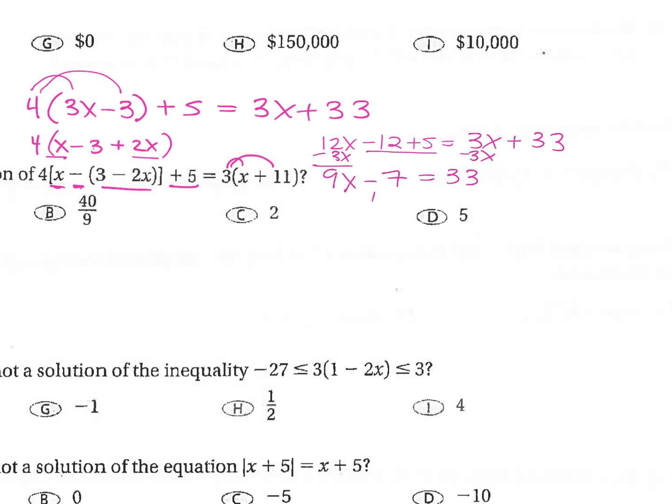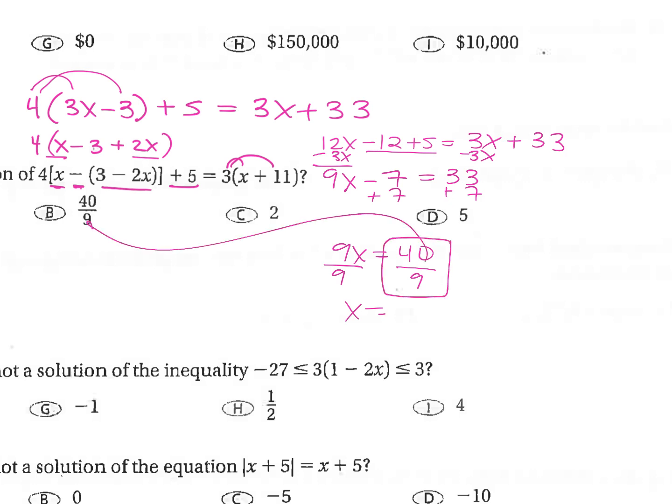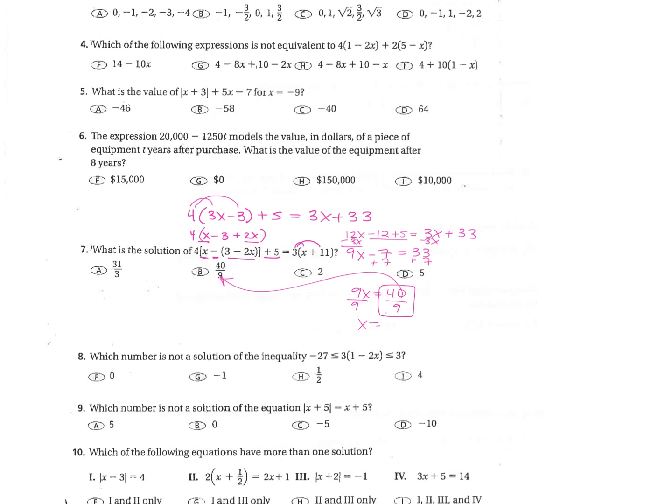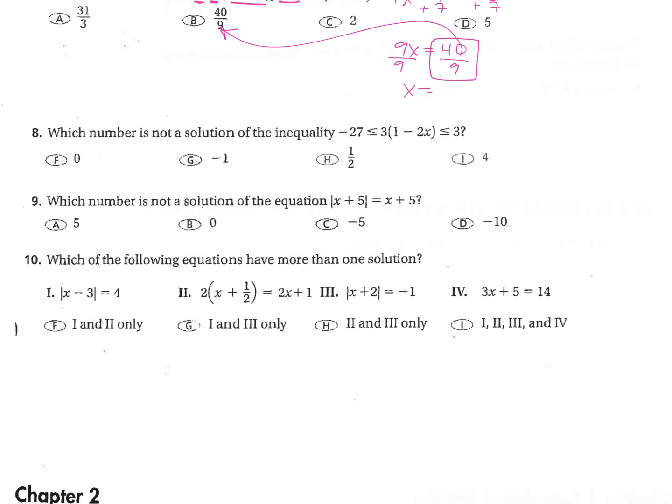And now add that 7. So you get 9x equals 40. And then divide by 9. So x equals exactly that, 40 over 9.